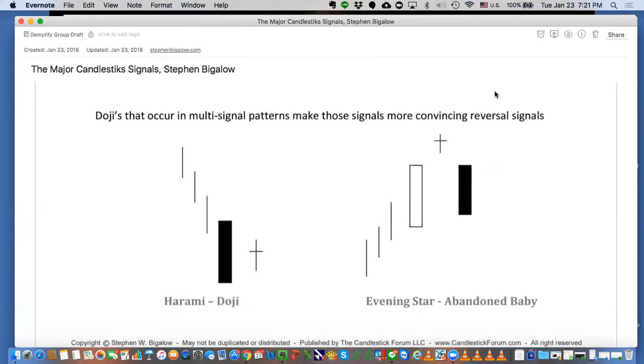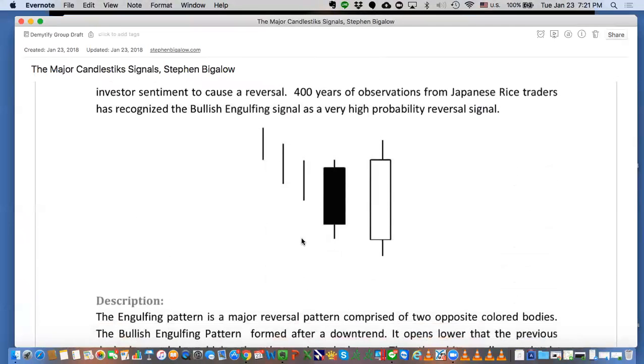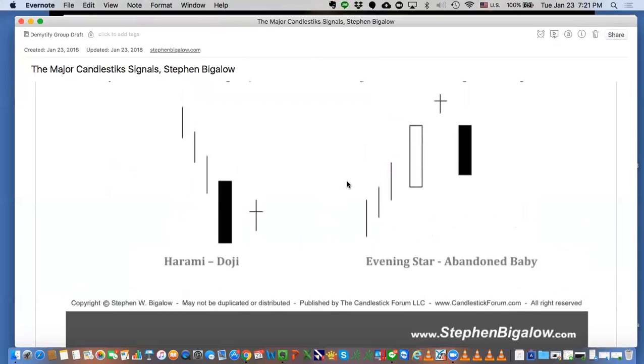Don't come back and yell at me and say I taught you something wrong, okay? The way to handle this is, if the next day or a couple of days later it goes back above here, it's time to go back in. So that is called doji, and doji has a doji rule.